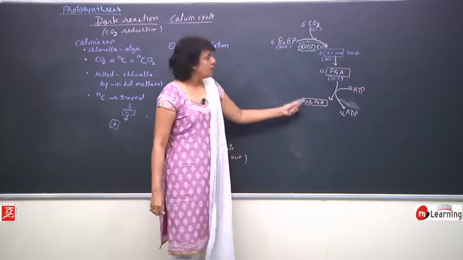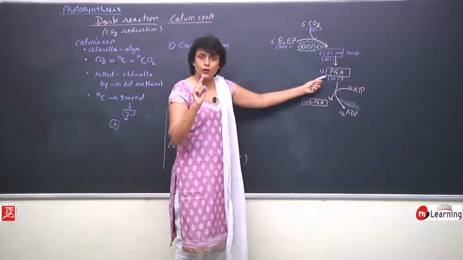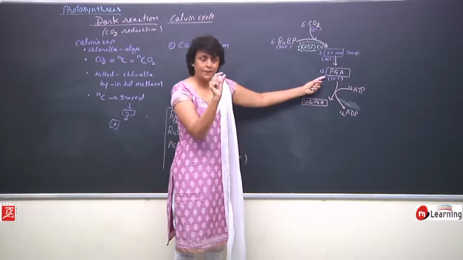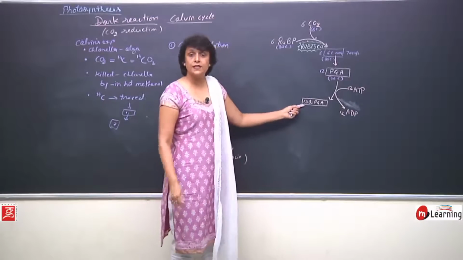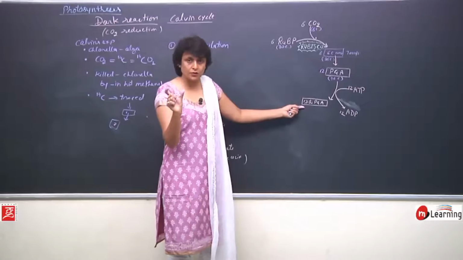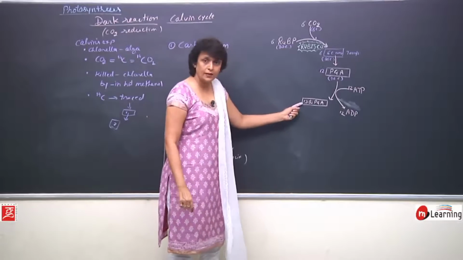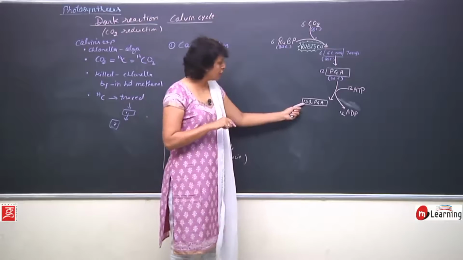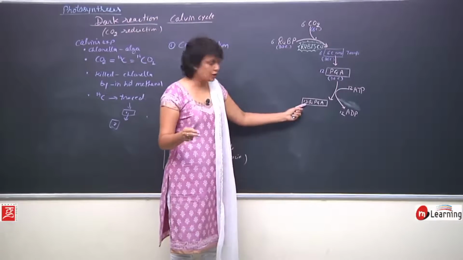Why 1,3? Because earlier there was only one phosphorus on one carbon. Now there are two phosphates, one on the first carbon and other on the third carbon. It's just a 3-carbon compound. So 1 for first phosphorus position, 3 for the second phosphorus position.